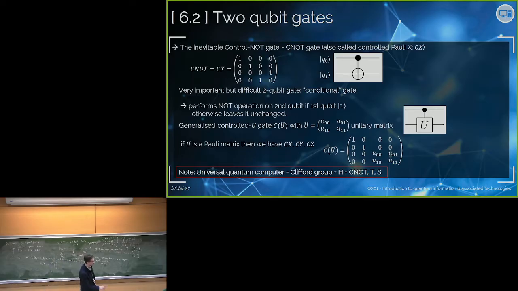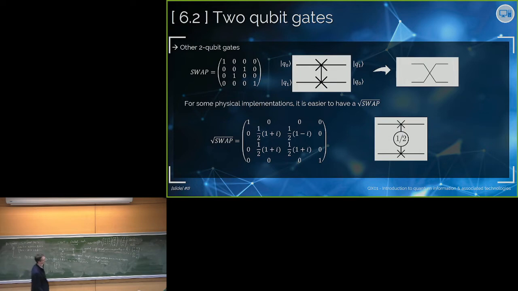Okay, so we've seen 2 qubit gates, and the particular one is the CNOT gate. But likewise to the 1 qubit gates, we can have other 2 qubit gates, depending on the system. In particular, the swap gate. You can see here the sign for the swap gate.